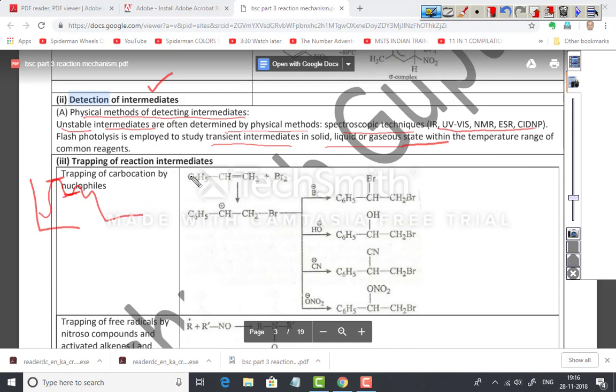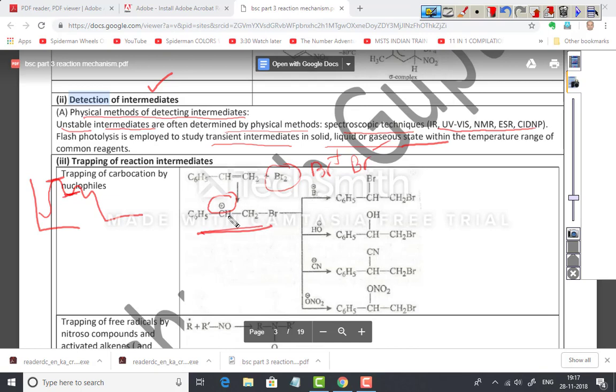So we can trap the reaction intermediates. Say we have this carbocation formation taking place when a bromine molecule comes in front of this. We all know this becomes Br plus and Br minus. That induces changes in it, and a carbocation formation takes place over here.